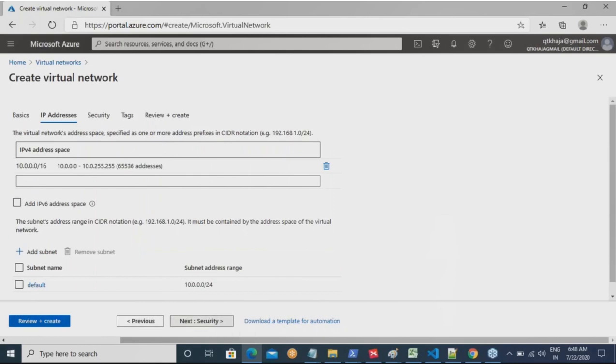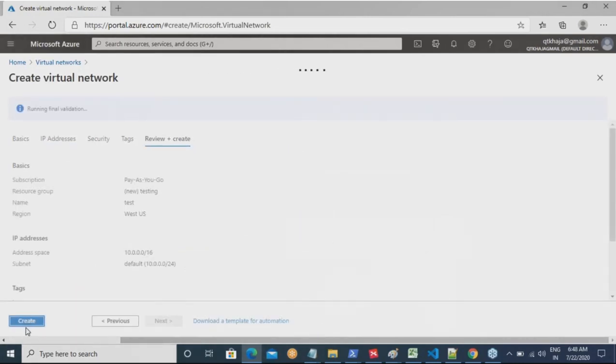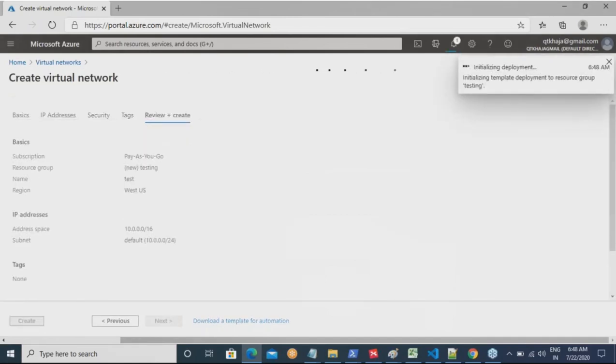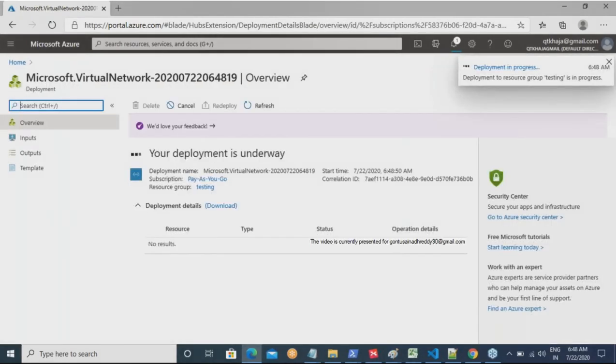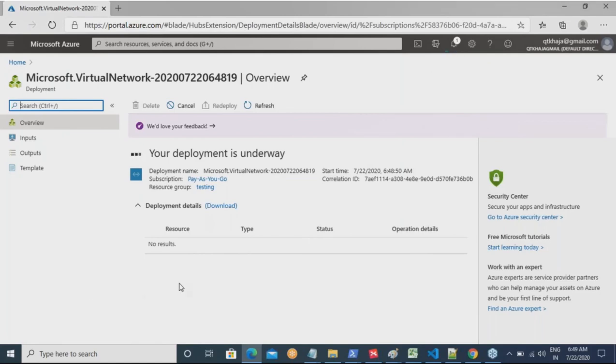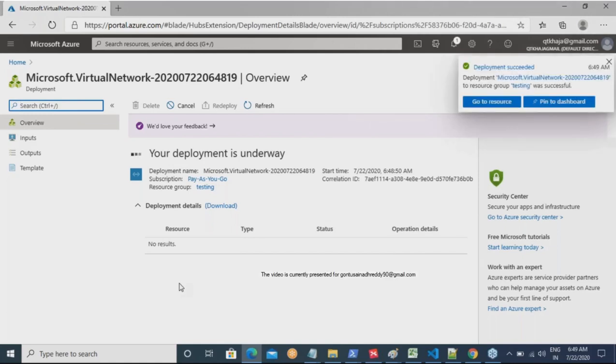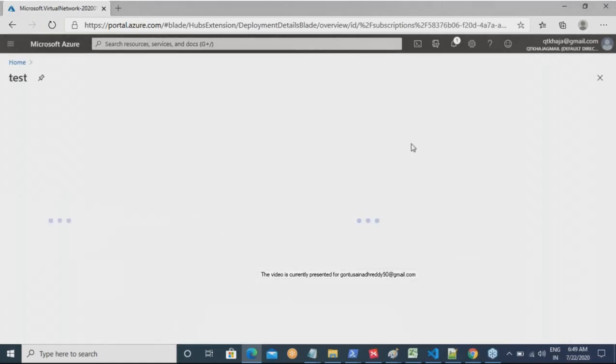I'm okay with the default ranges. I would basically say review and create.